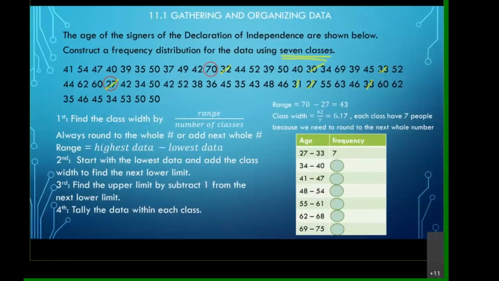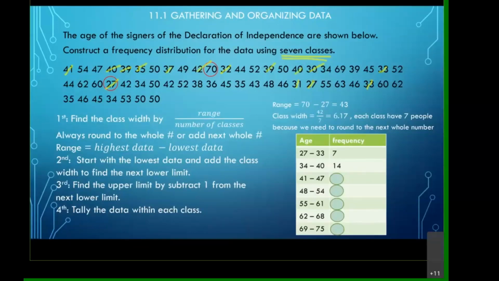So basically, whatever data is between 34 to 40, you just go in and tally them up, and there are 14 of them. Cross them out. This is 1, this is 2, this is 3, this is 4, right? This is 5, 6, 7, 8, and so on.